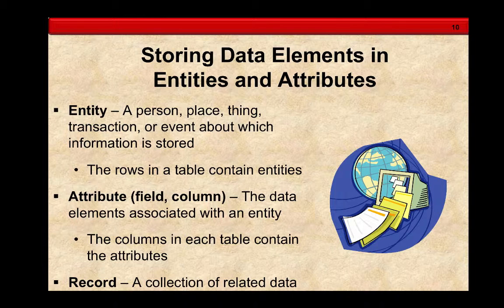As far as the records, it's a collection of related data. So not only do we have Juan Gonzalez's first name and last name, we have his wife's first name and last name. We have both their ages. Not only that, we have exactly where they live and where they went to college. So they live in Hialeah, Florida.